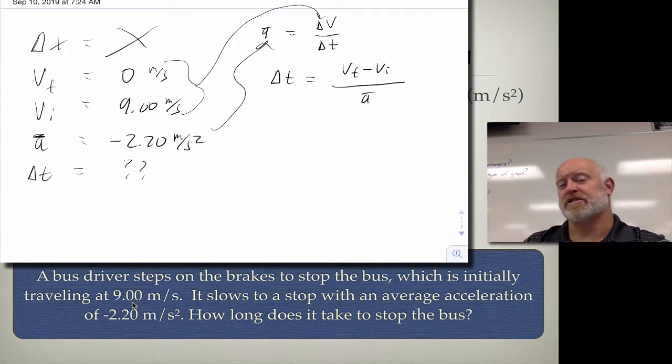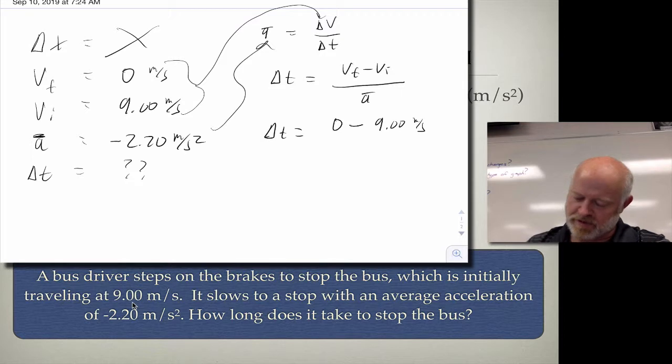In this problem, we actually know the average acceleration. Now we just need to plug it in. So our change in time is going to be final velocity 0 minus 9 meters per second, divided by negative 2.20 meters per second squared. Well, we have meters per second divided by meters per second squared.